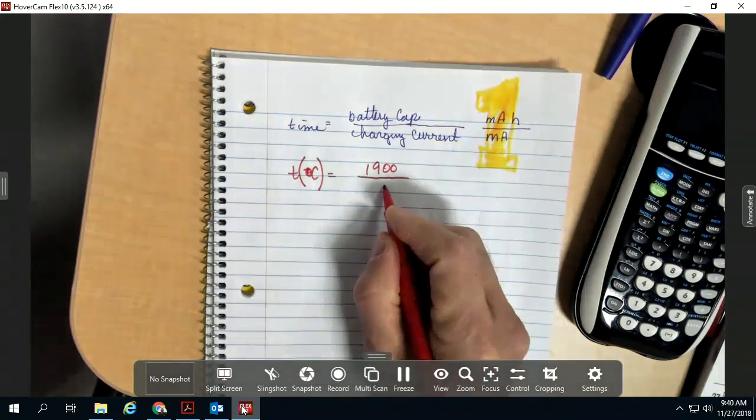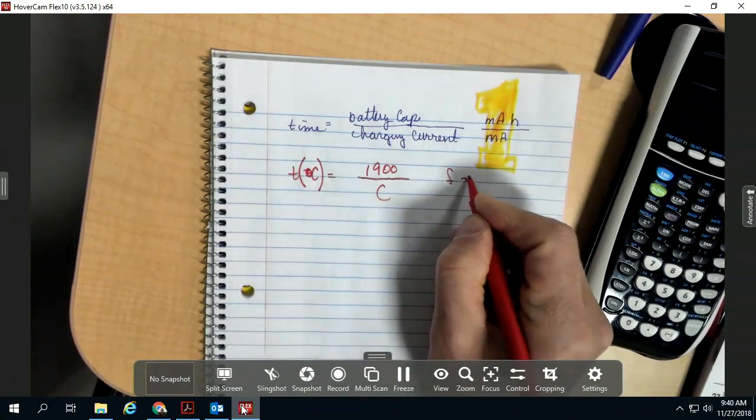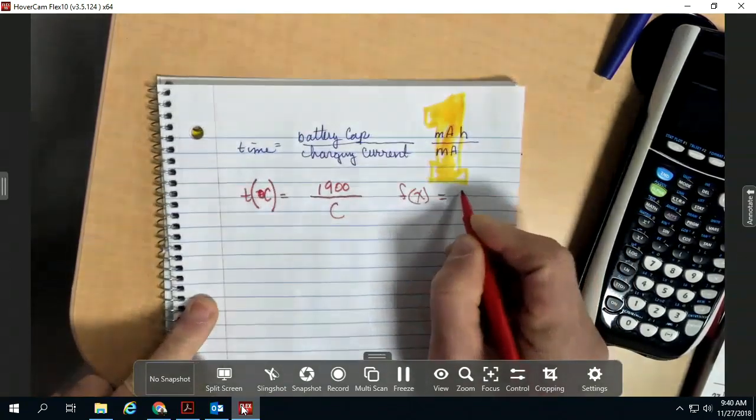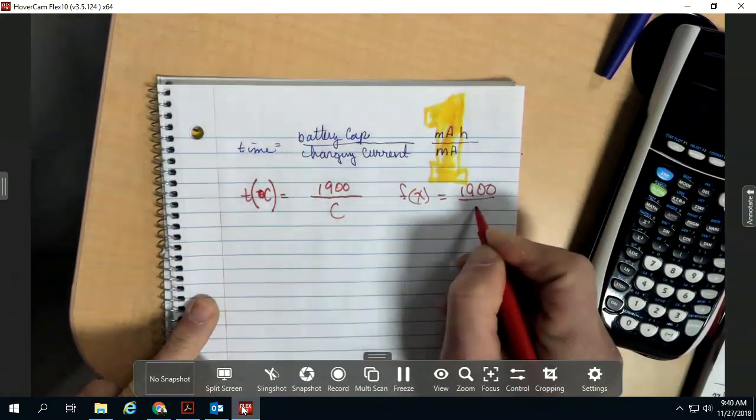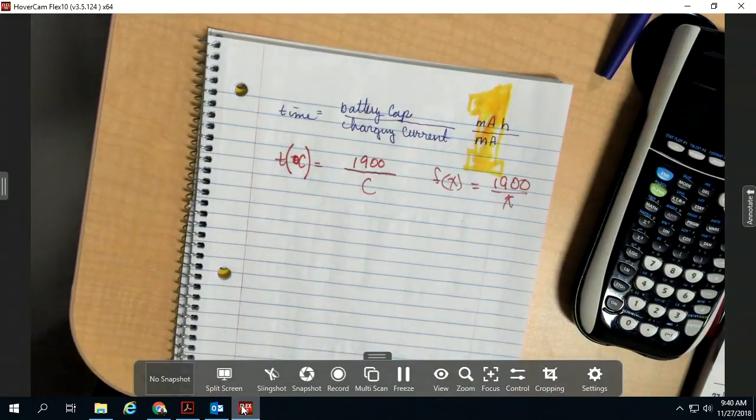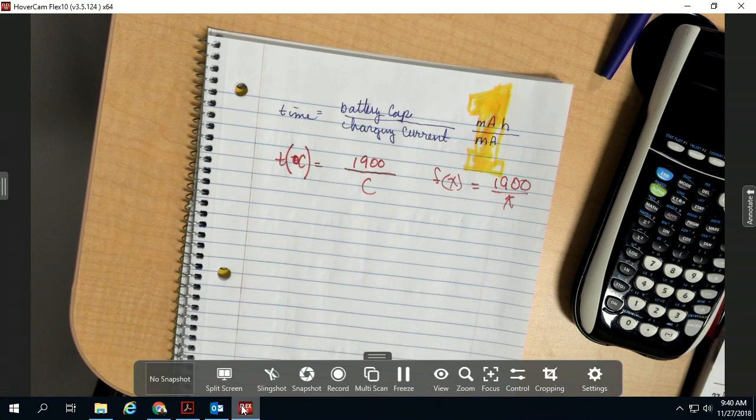Now, how does our book get around it? They say f of x is 1900 over x. The problem I have with that is we don't know what x is. I mean, x is a variable. But in this case, everybody agree current is the variable that we're talking about. Okay? Use your graphing calculator app.